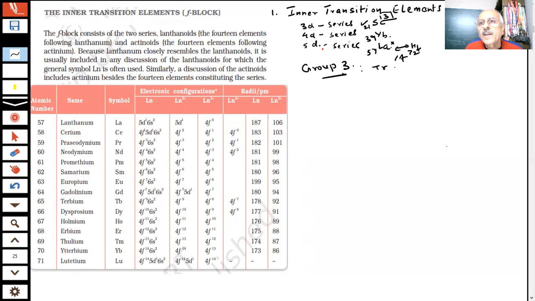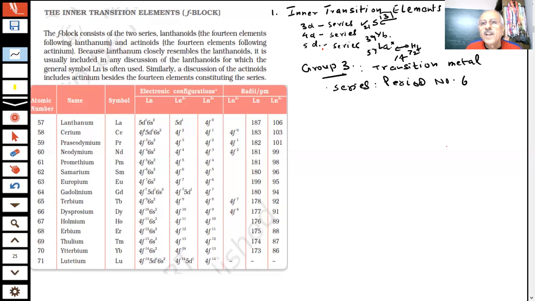This is your transition metal series, students. What is the period number here? Group 3, it is period 6, 5d1 6s2, sixth period.